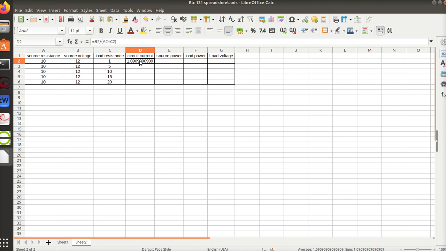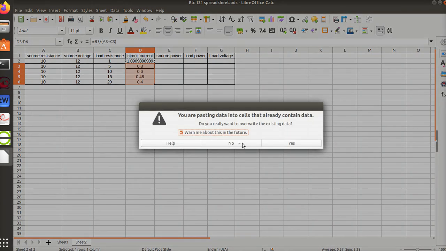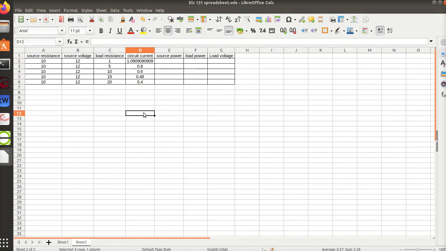Once I get that formula nice, the nice thing about Excel is I can Control C or copy and then highlight these 4 cells and do Control V and paste. So really quickly I came up with the source current.